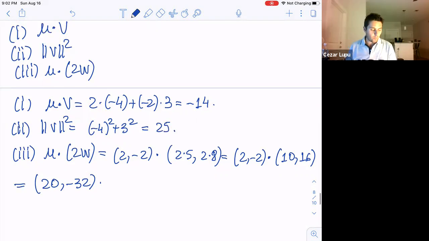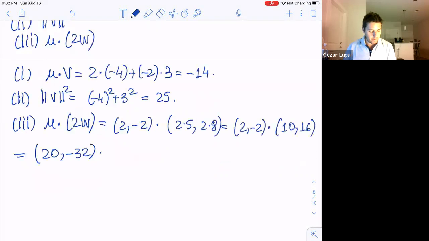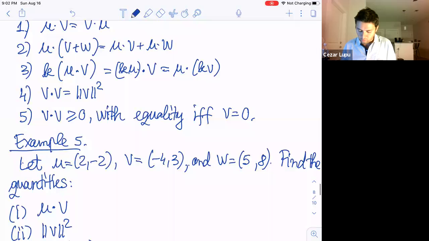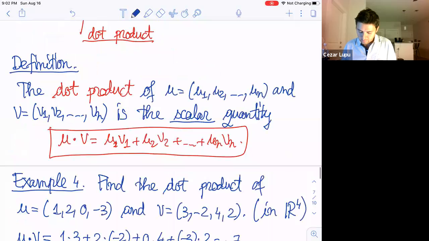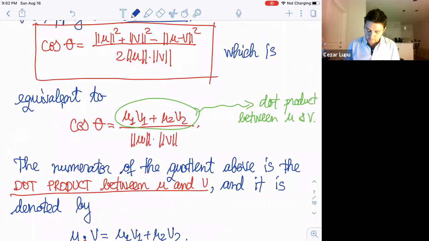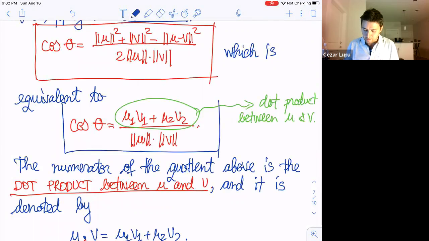So now we would like to define the angle between two vectors in Rn. And just like we have said previously, we will use this formula, not just to define the angle of two vectors in R2, but also of two vectors in Rn.